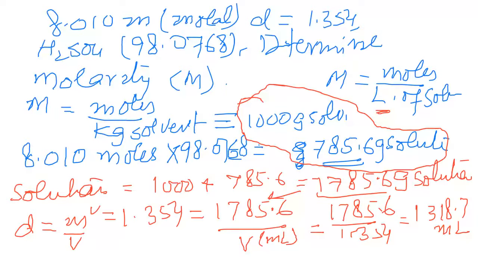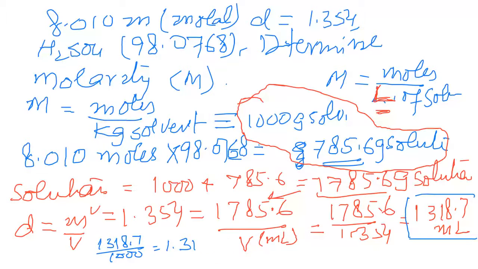But here we want liter. So what do we do to get the liter? Divide by 1000. So 1318.7 divided by 1000, you will get 1.3187 liter. This is the volume in liter.